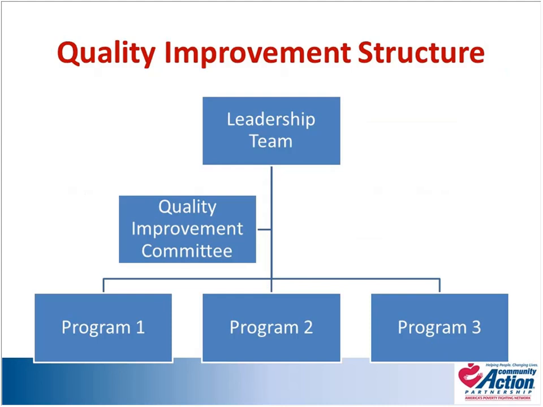So with that big picture said, let's talk a little bit more about what your actual quality improvement structure, at least ideally, should look like. And when I talk to our agencies out in the field, when I'm doing training on customer satisfaction, what I usually hear from them is that they're sort of somewhere in the middle in terms of their overall design of a customer satisfaction system.